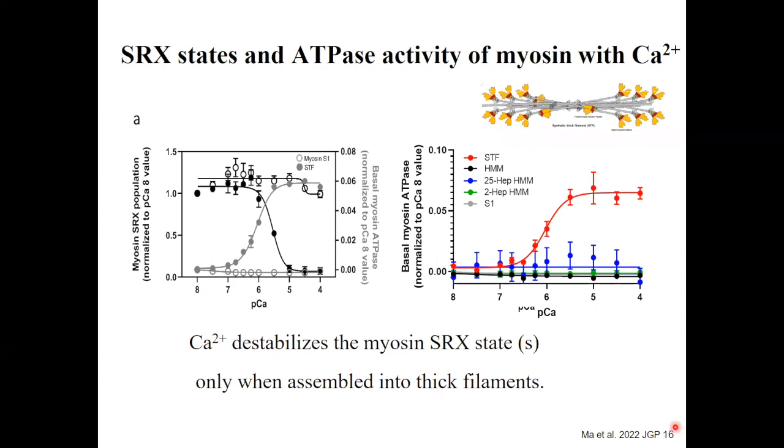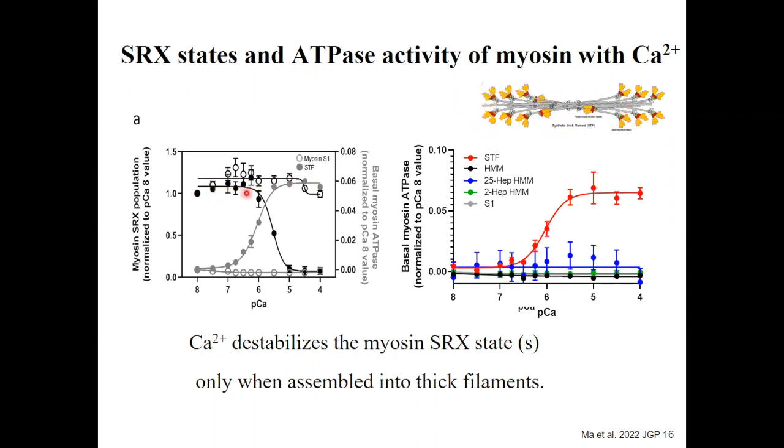So we look at the SRX state and ATPase activity of a synthetic filament. This black one is the SRX population as we increase the calcium for the synthetic filament, which theoretically is only myosin, and they form this. If you lower the ionic strength, they spontaneously form this kind of synthetic filament.